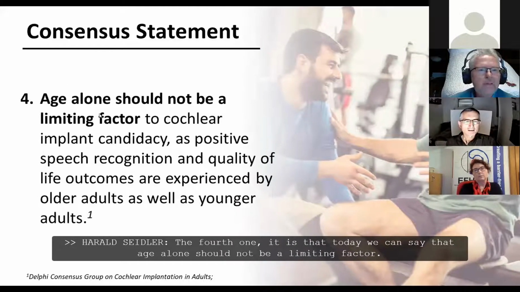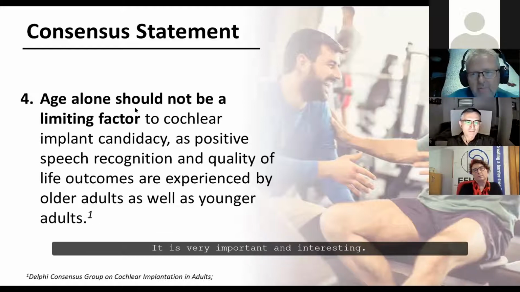The fourth one is that today we can say that age alone should not be a limiting factor. That is very important and interesting.